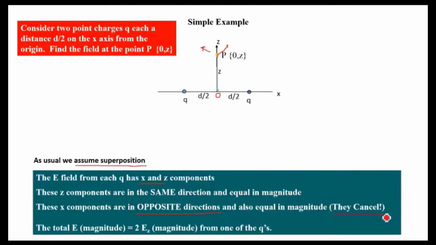So they cancel. So the total E in magnitude is equal to 2 times E sub z magnitude from one of the q's. And so we'll take advantage of the fact that we don't have to calculate E sub x, and if we know E sub z from one of the q's, we just multiply by 2 to get the total.